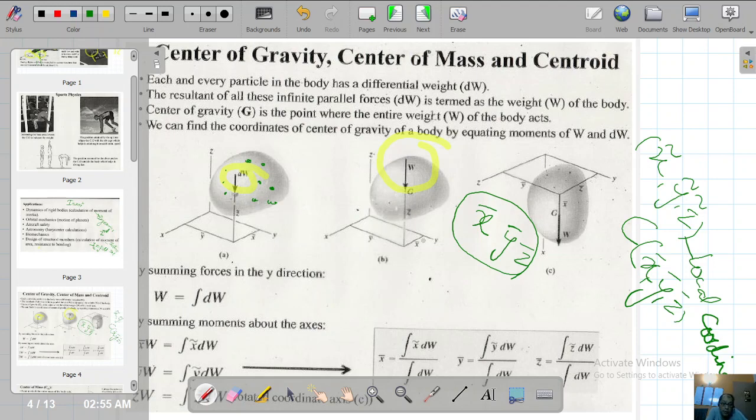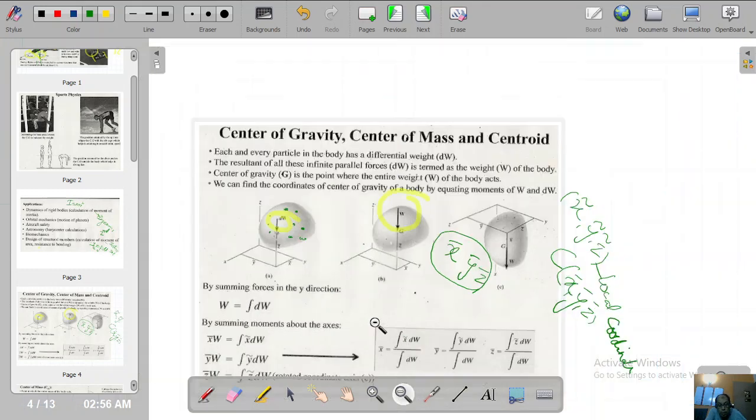If you sum the various forces, we sum the moments about the different axes. For example, we have this total weight of the body acting downwards along the z axis.